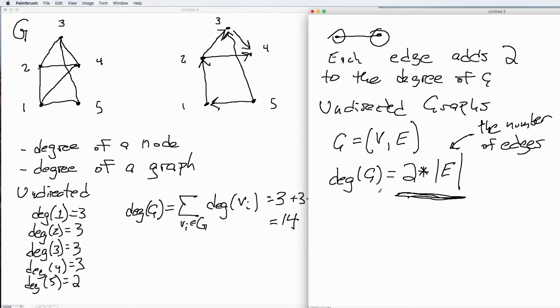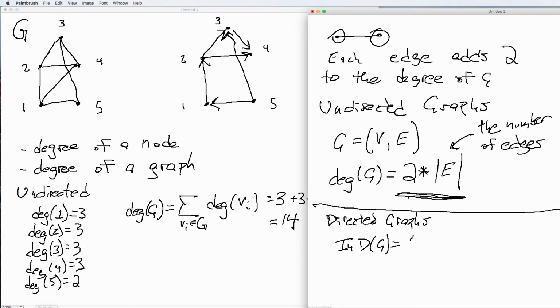Now, for directed graphs, what we know is that the in degree is equal to the out degree.